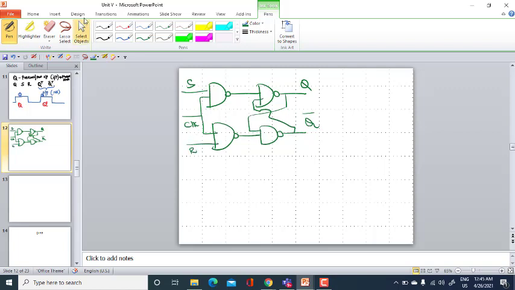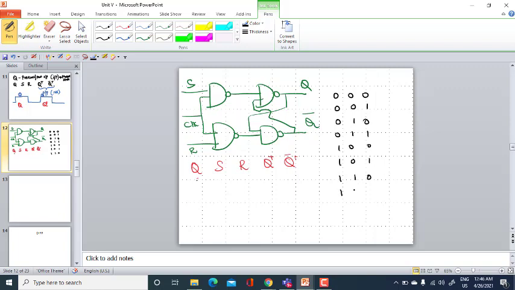Okay, so 0 0 0, 0 0 1, 0 1 0, 0 1 1, 1 0 0, 1 0 1, 1 1 0, 1 1 1. So this is nothing but Q, which is nothing but your present state, S R, Q plus, this is said to be your next state, Q bar plus.